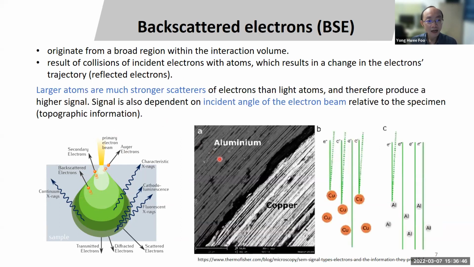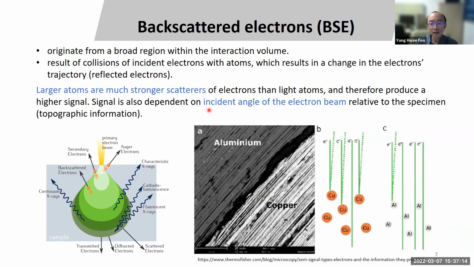Larger atoms, as you can see here, aluminium and copper, are much stronger scatterers of electrons compared to light atoms. For example, copper is denser than aluminium, so the electrons tend to backscatter more in copper. That generates a much higher intensity compared to aluminium.